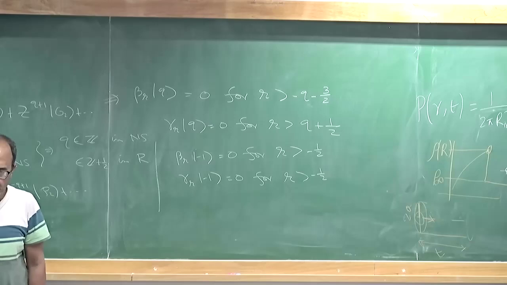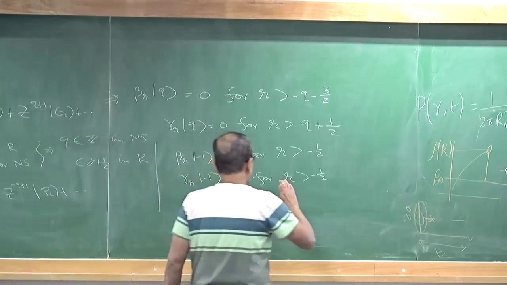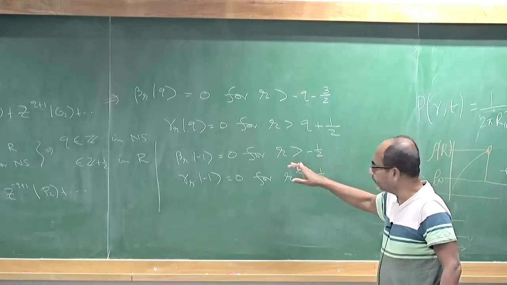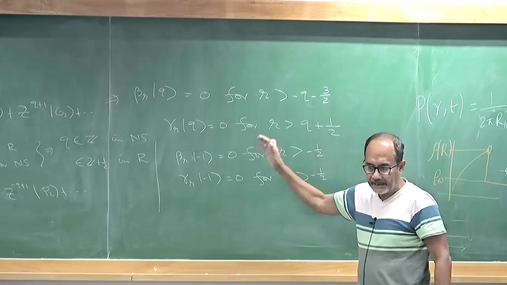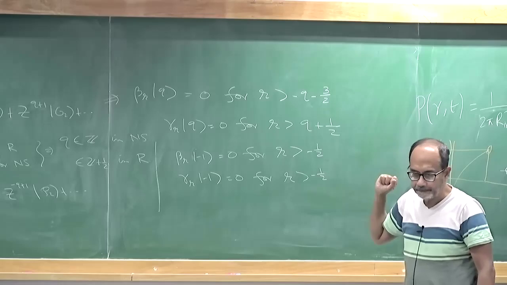In the NS sector, r is half integer moded, so r greater than minus half means r equal to half onwards. For r equal to half, beta half annihilates it, beta 3 half annihilates it. Similarly, gamma half annihilates it, gamma 3 half annihilates it, and so on.